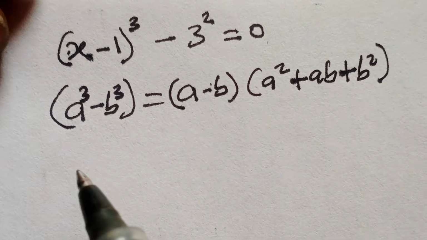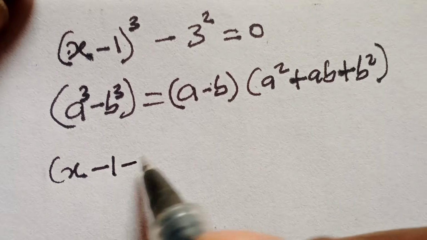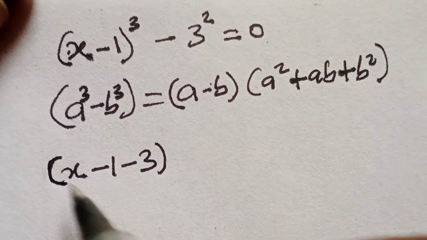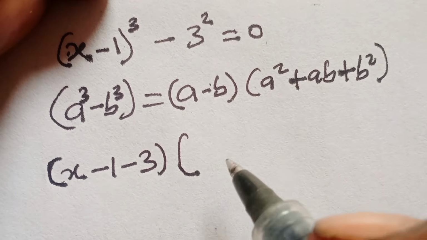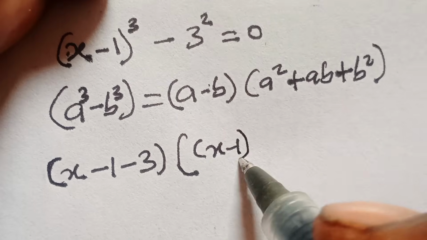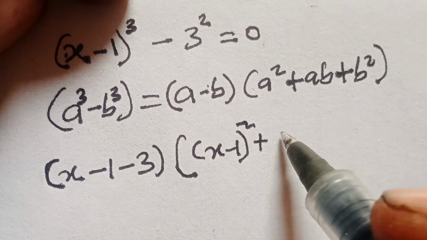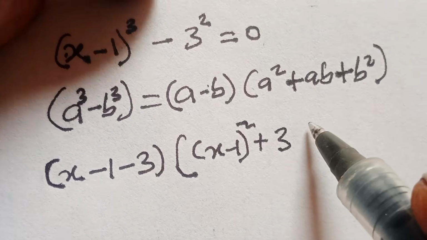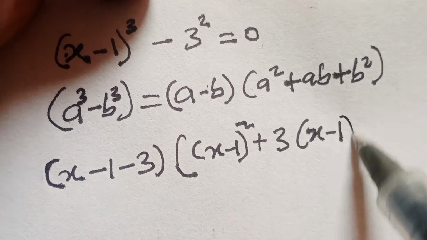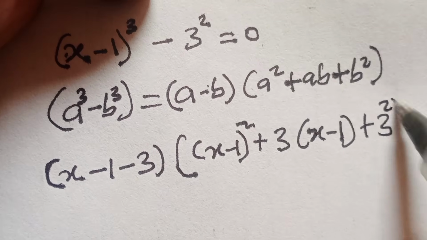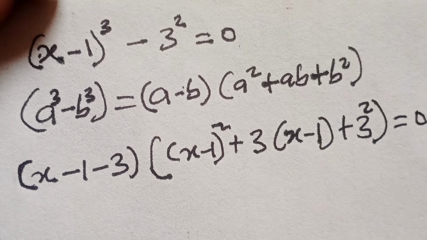So therefore, we now have x minus 1 minus 3, into bracket x minus 1 squared, plus 3 into x minus 1, plus 3 squared, everything equal to 0.